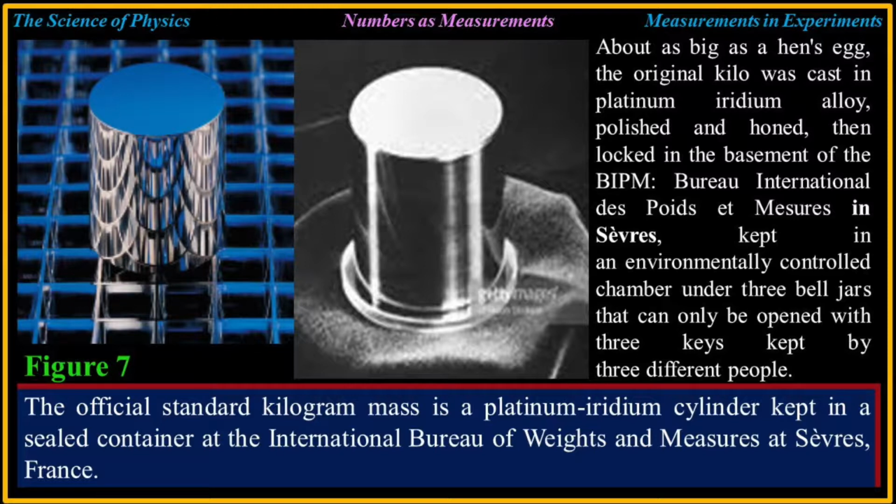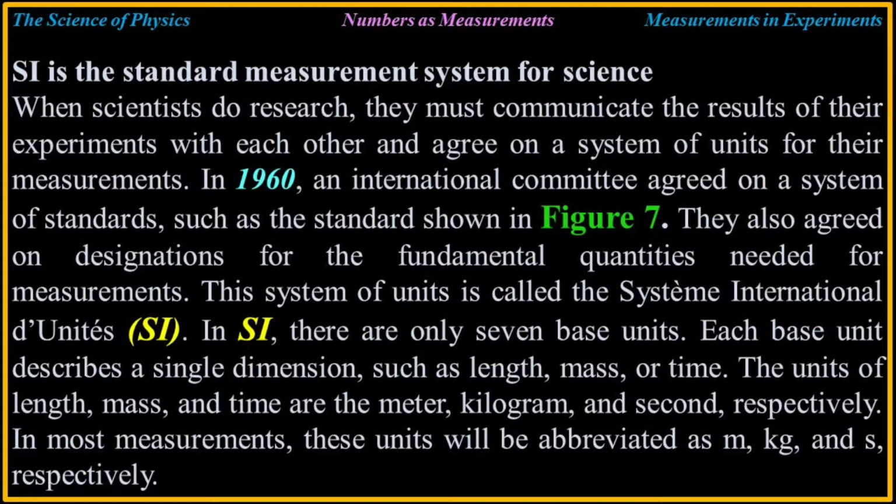The original kilo was cast in platinum iridium alloy, polished and honed, then locked in the basement of the BIPM, the Bureau International des Poids et Mesures in Sèvres, kept in an environmentally controlled chamber under 3 bell jars that can only be opened by 3 keys kept by 3 different people.